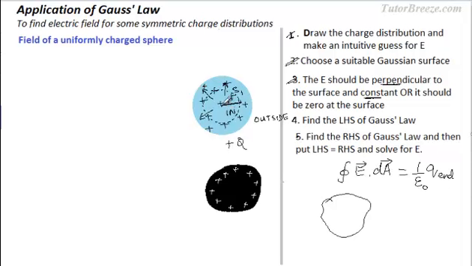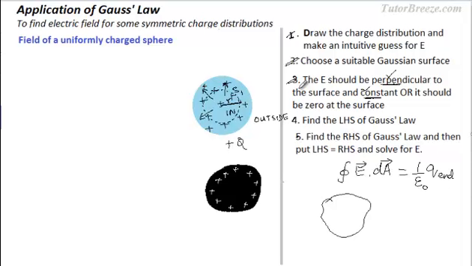The other thing is, each point on this sphere is at a fixed distance from the center of the sphere. So the value of E is going to be constant. So that's good. That means both these conditions are satisfied. So both these will help make our integration simple. So now you can see that we've done step 3.